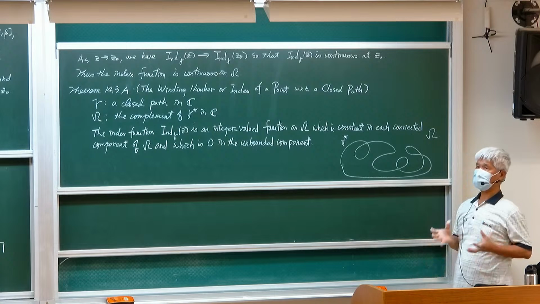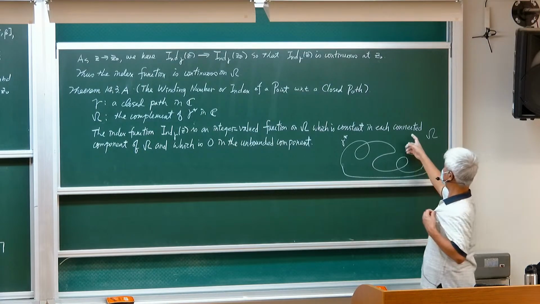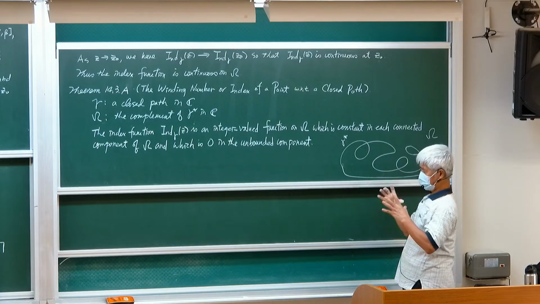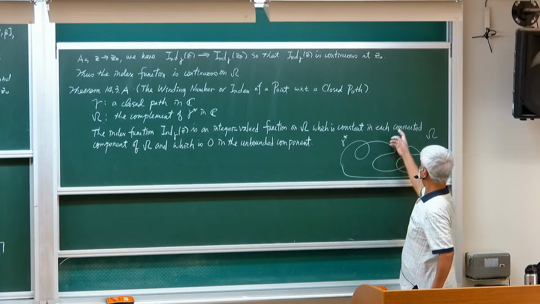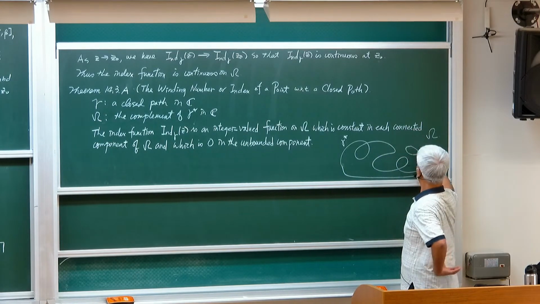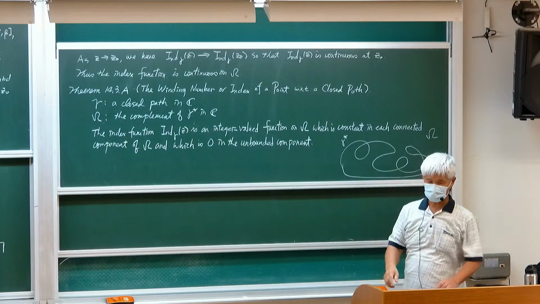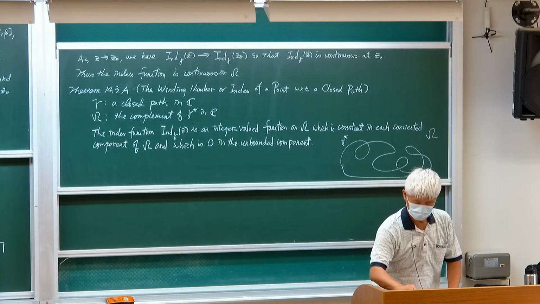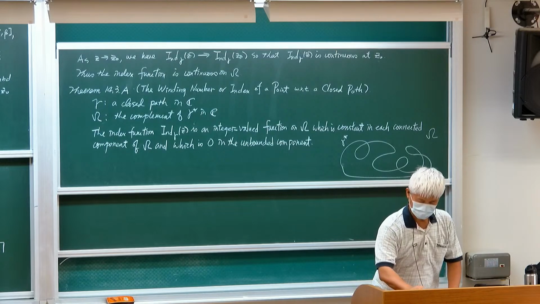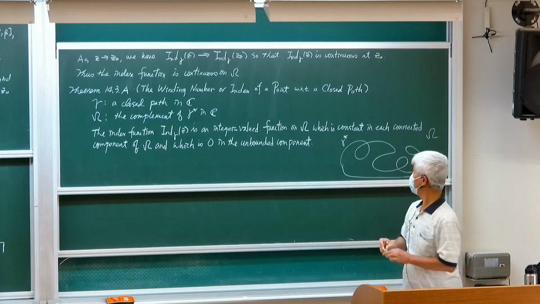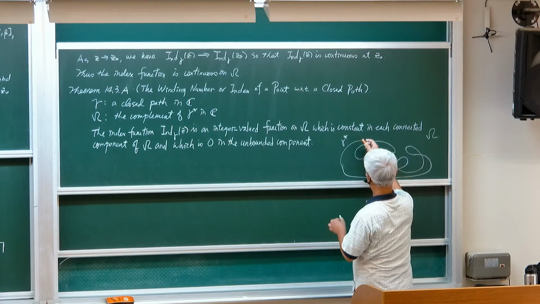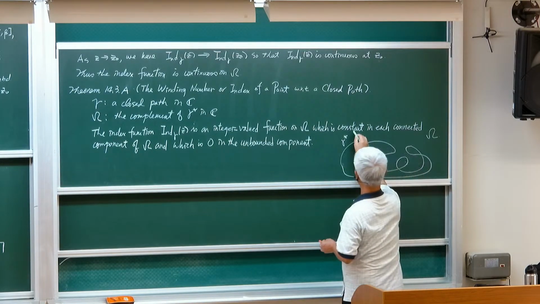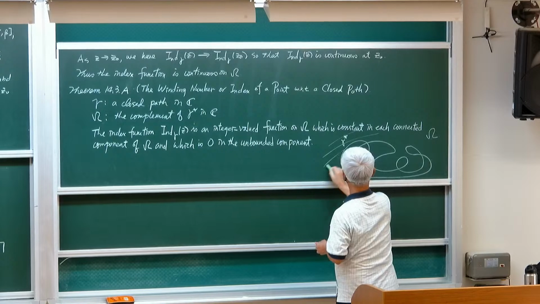Now the connected component is a connected subset. So the unbounded component will be this one.